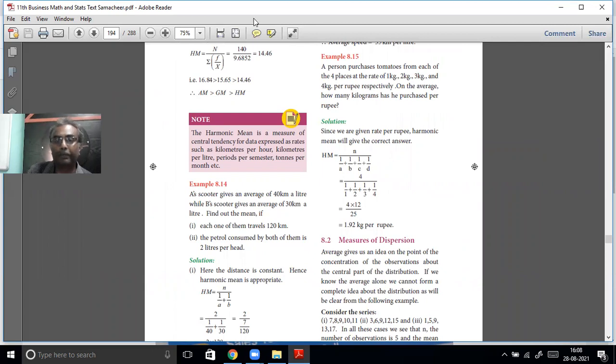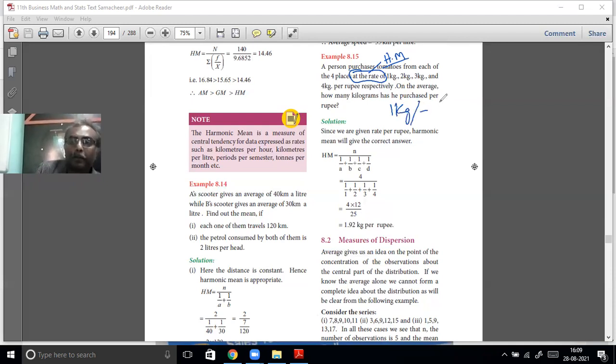Example 8.15. A person purchases tomatoes from each of 4 places at the rate of one... When you see 'at the rate of', what can we find? We have to find the harmonic mean, right? One fellow is giving 1 kg per rupee, another 2 kg per rupee, another 3 kg per rupee, another 4 kg per rupee.